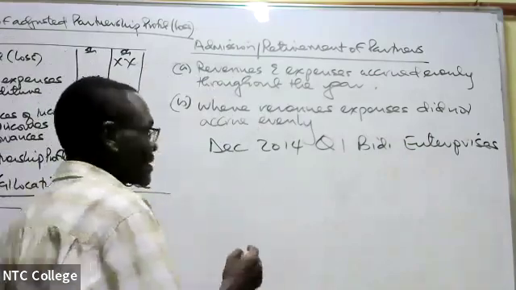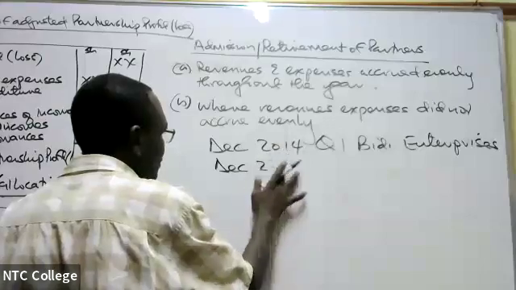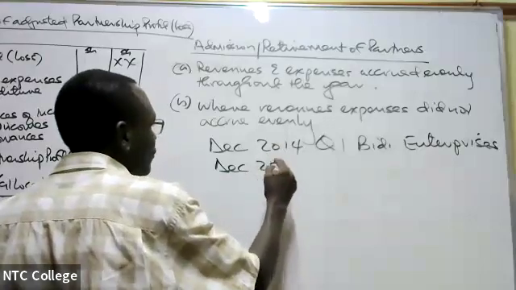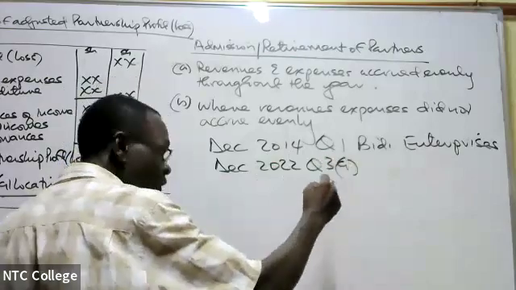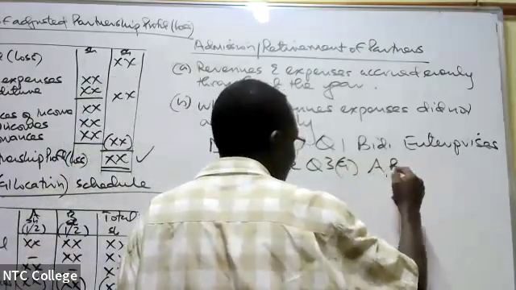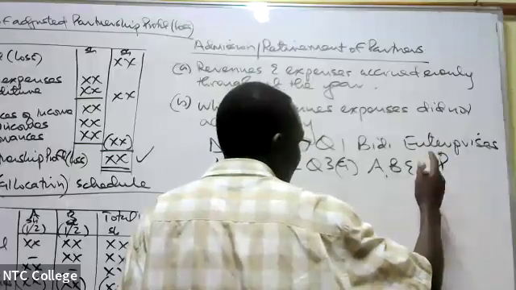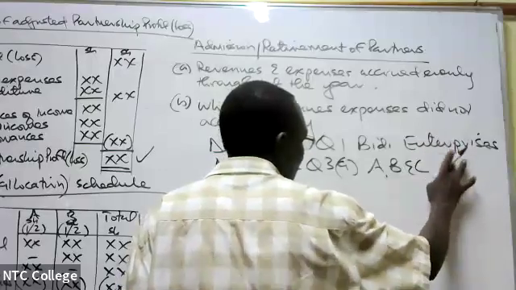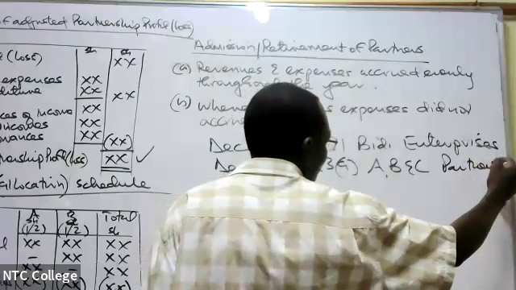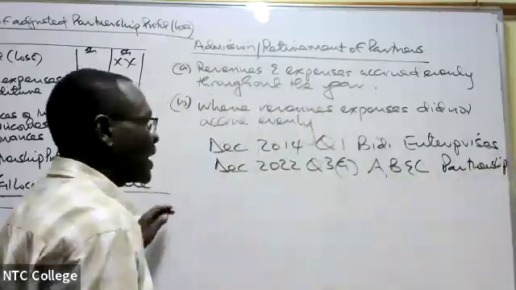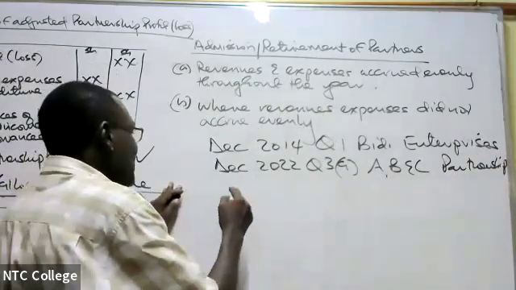Then I'll give you as an assignment, December 2022, question 3A, called A, B, and C partnership. This one you can download, and this one will be on retirement.